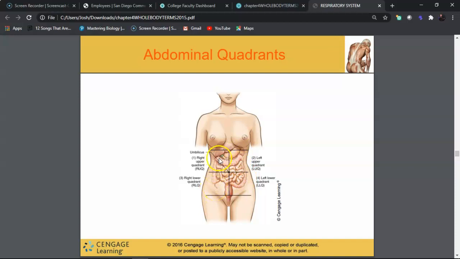And so being able to look at these areas and knowing the organs within them, and you can see there's overlap. The small intestines are pretty much in all of these areas. The large intestines wrap around it. And so knowing your organs helps to start to narrow down your diagnoses when you're looking at abdominal pain.